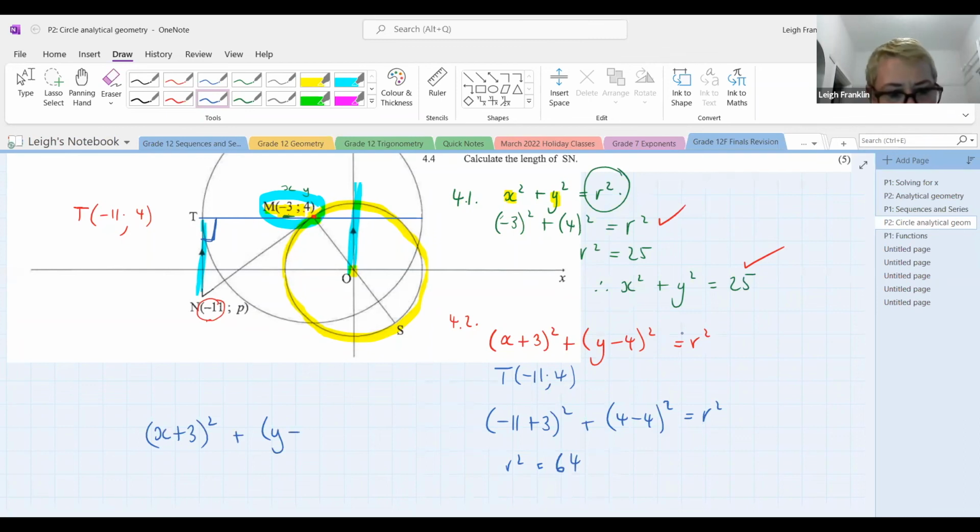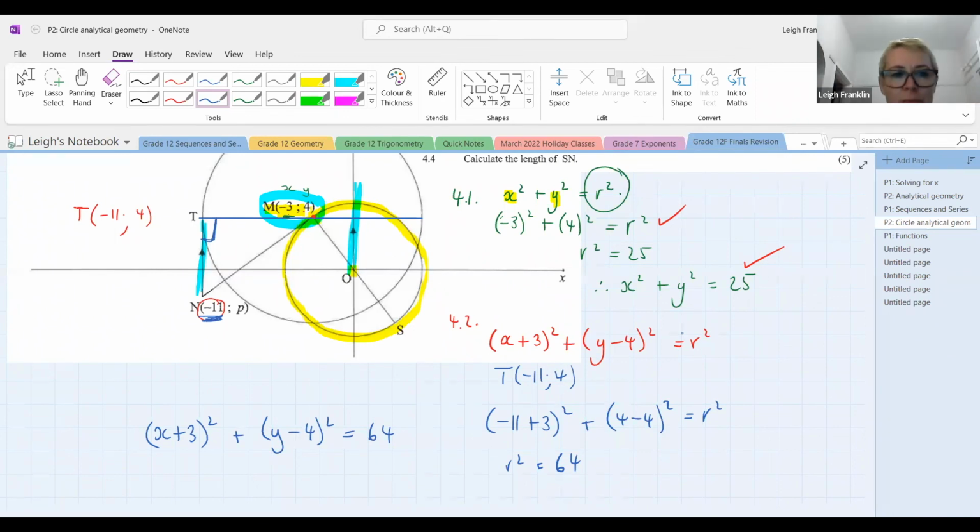So (x plus 3) squared plus (y minus 4) squared would be equal to 64. Just very quickly, I do have to go, unfortunately. T and N are in the same vertical line, so they share the same x coordinate. T and M have to be in the same horizontal line, because the tangent at T is parallel to the y-axis.